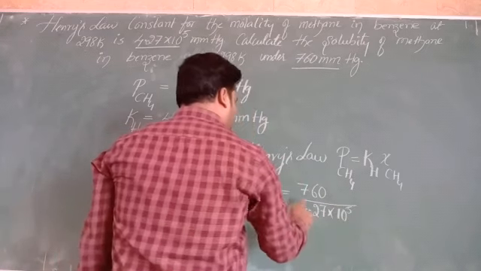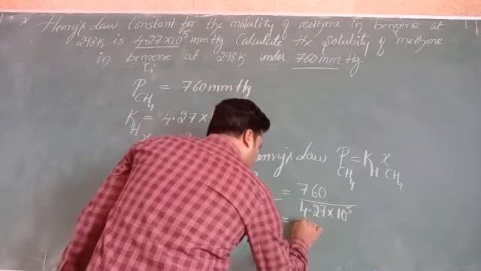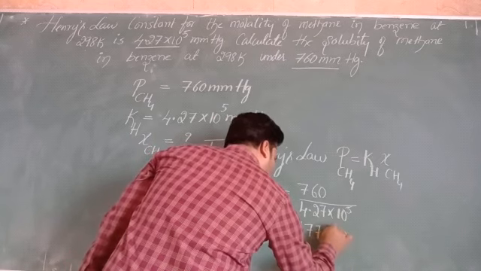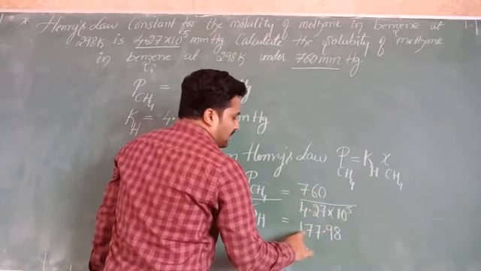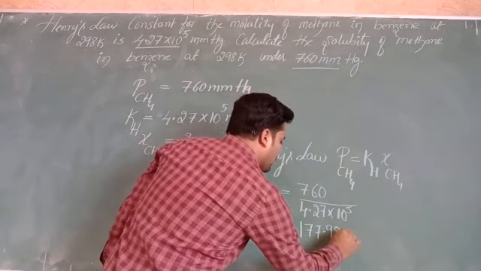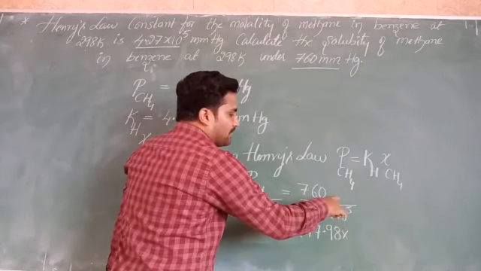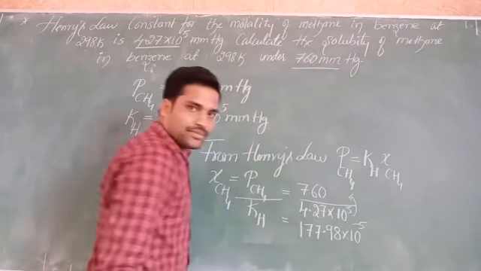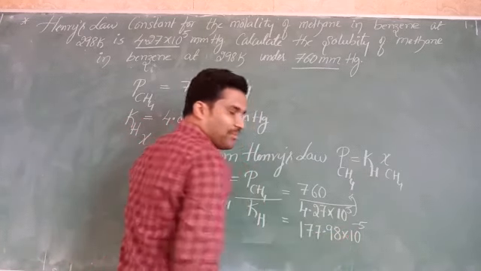Now if you divide 760 by 4.27, it comes out as 177.98. One more thing, here you have 10 to the power of 5 in the denominator. If it comes up, then it becomes 10 to the power of minus 5. So now the value is 177.98 into 10 to the power of minus 5.